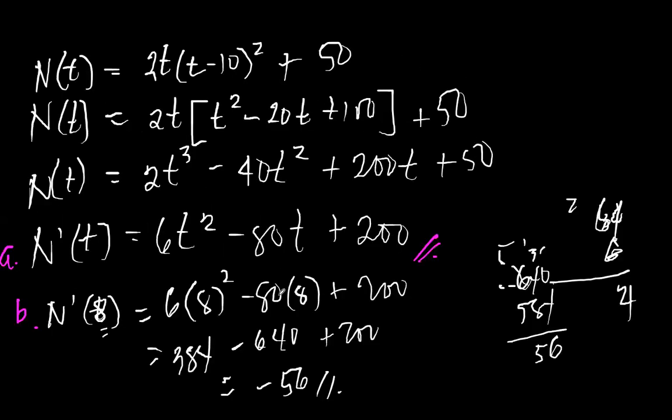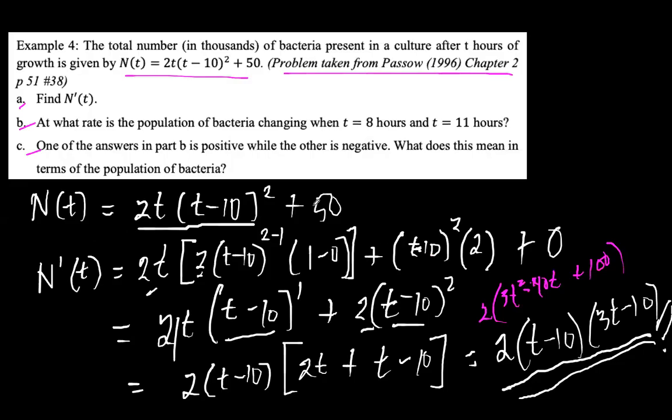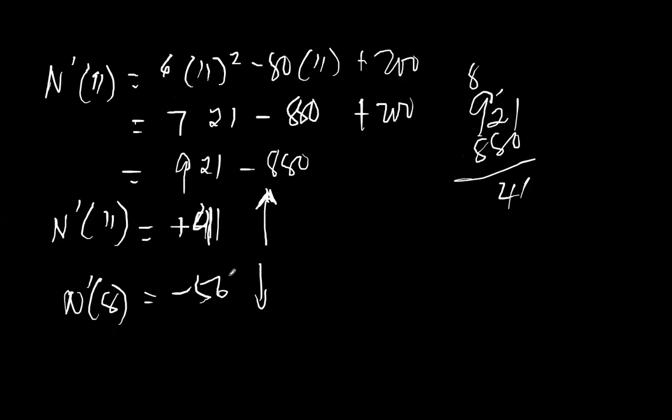And letter C: one of the answers in part B is positive while the other is negative. What does this mean in terms of population of bacteria? We already explained that. So again, when t is equal to 11, the number of bacteria is increasing by 41 bacteria per hour. And at t equal to 8 hours, the number of bacteria is decreasing by 56 bacteria per hour.